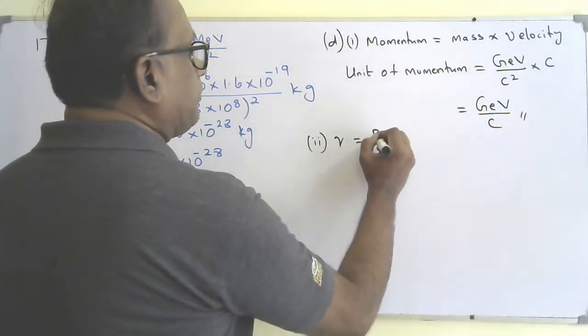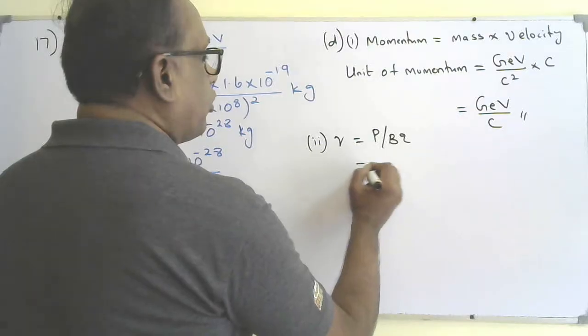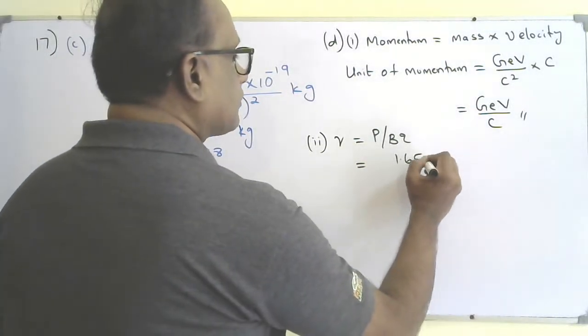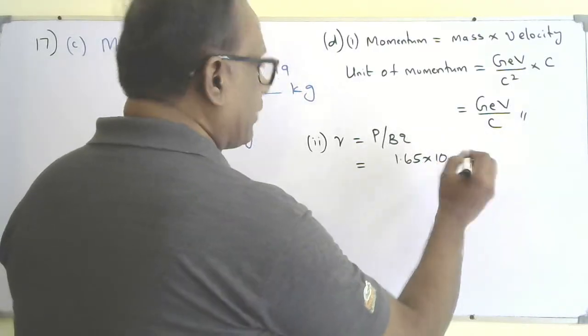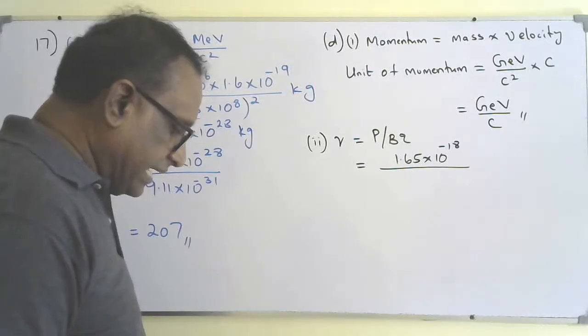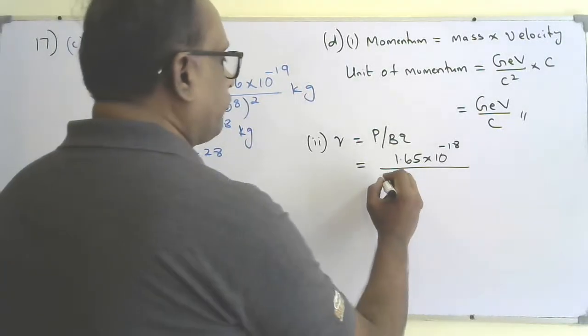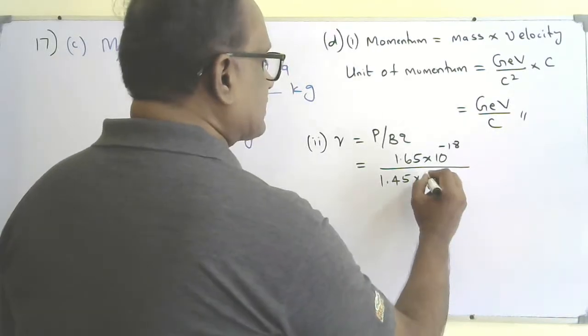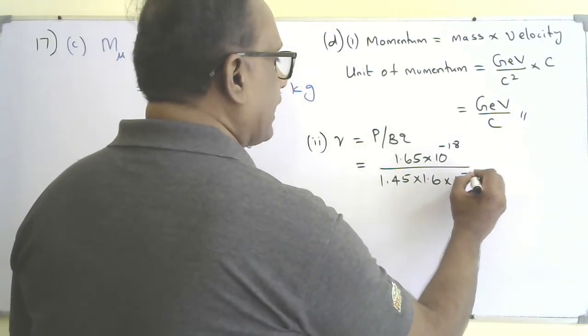r = p/(Bq). The momentum is given as 1.65 × 10^-18, over the magnetic field, which is 1.45, and the charge, which is 1.6 × 10^-19.